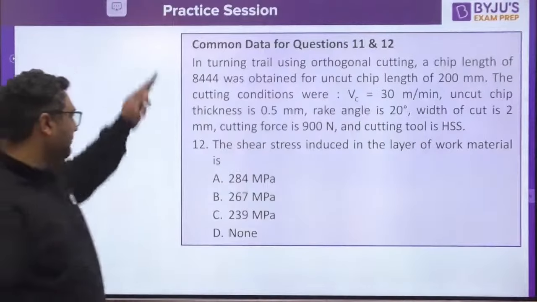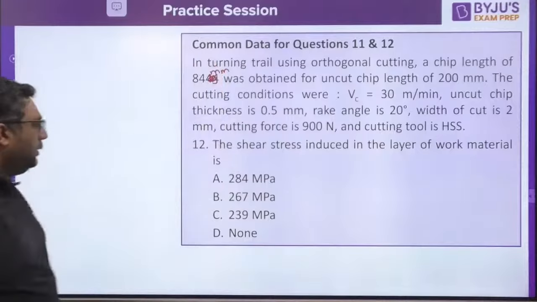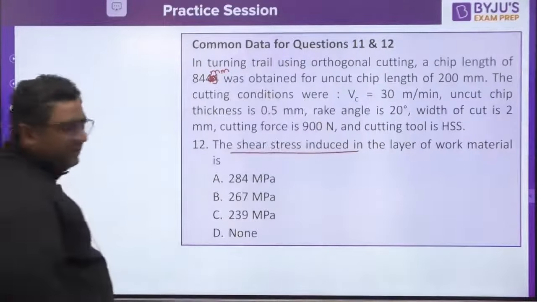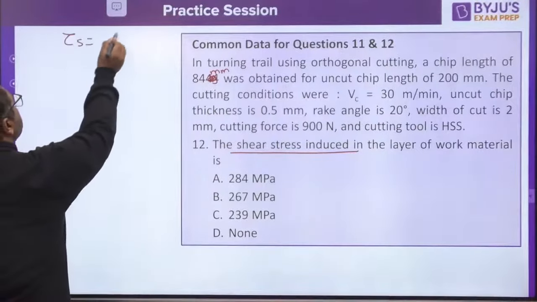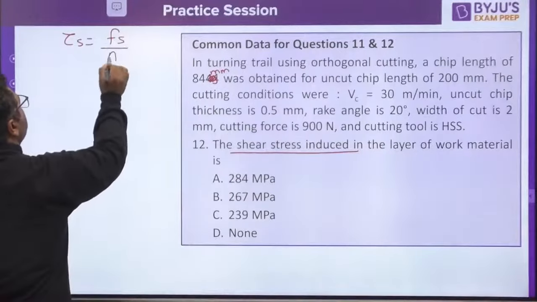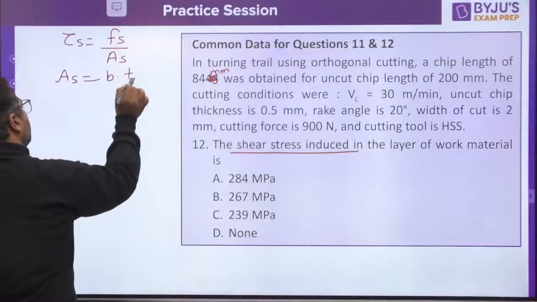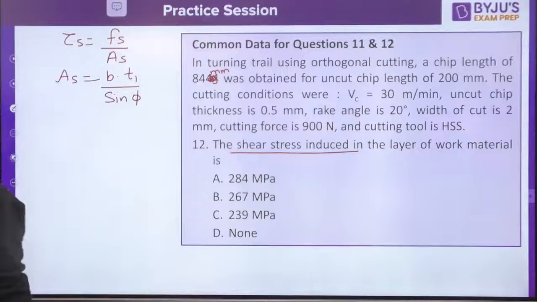So that's why the same data, 84 mm. This time you need to answer about shear stress. The second part of the question is asking you the shear stress. You already know shear stress is shear force by shear area. Shear area is b into t1 by sin phi, where t1 is uncut chip thickness.